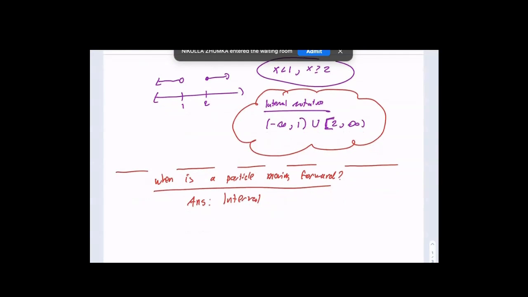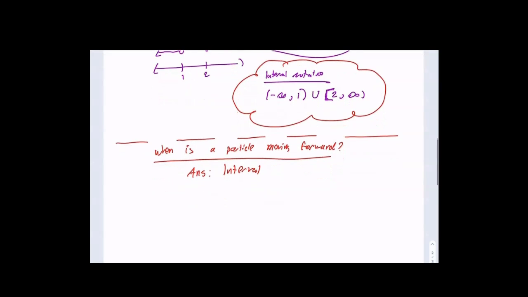What I mean is that when a particle is moving forward, it doesn't just move forward at x equals 1 and that's it. At x equals 1.2, no, it's not moving forward anymore. So when we talk about moving, you move over an interval. Oh yeah, for the first 2 seconds, she was moving forward. It's an interval.